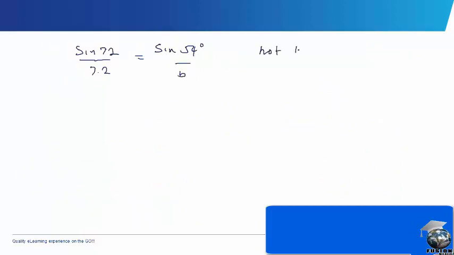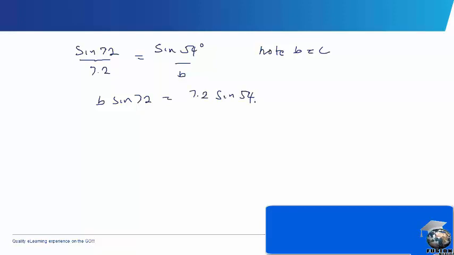Note that b will be equal to c because both angles are equal, so their sides will be equal. Therefore we have that b sine 72 is equal to 7.2 sine 54.